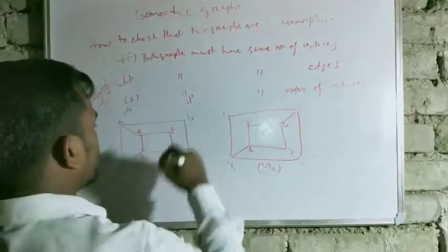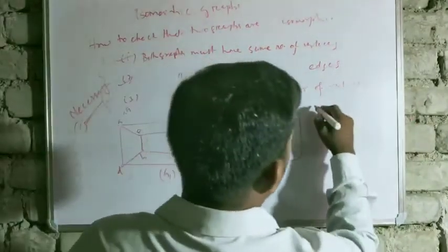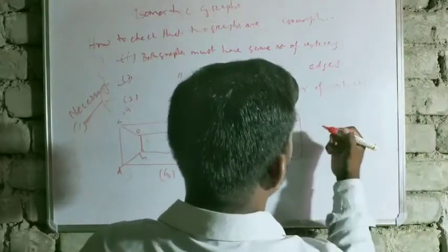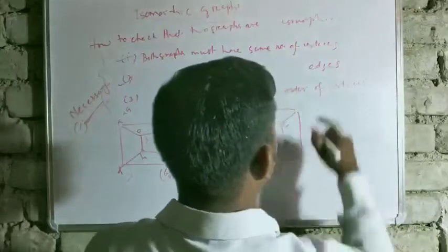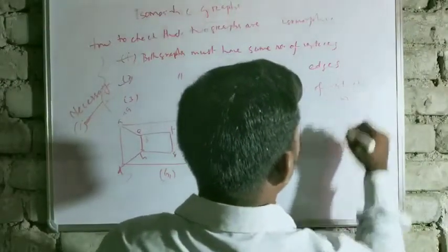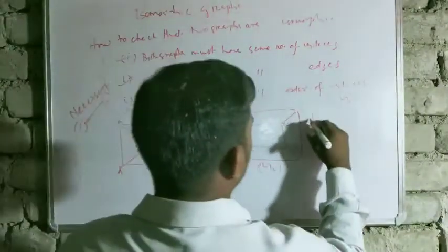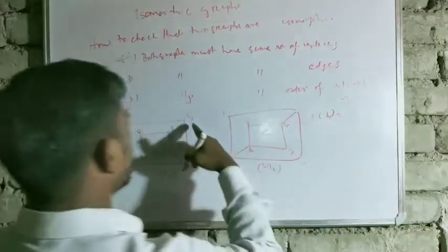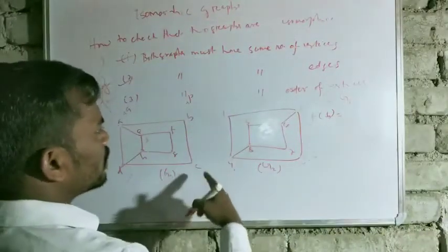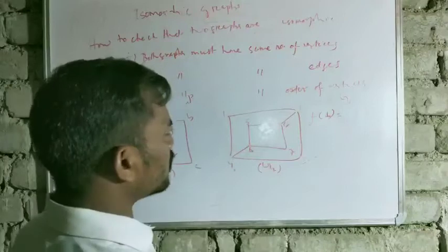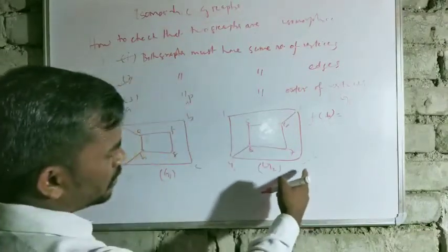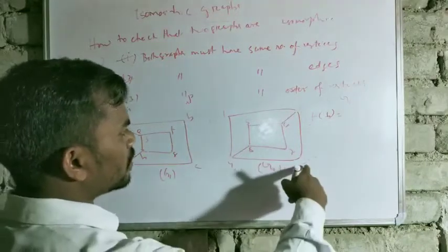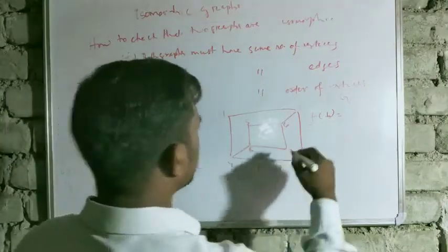Let B be a vertex in G1. What will be f of B? Since B has degree 2, f of B must have degree 2. So there are 4 possibilities, because there are 4 vertices of degree 2. What are these 4 vertices?